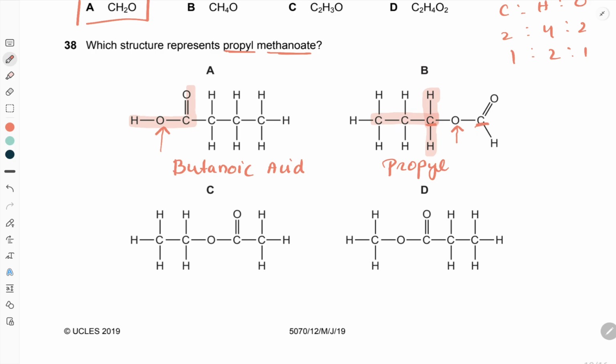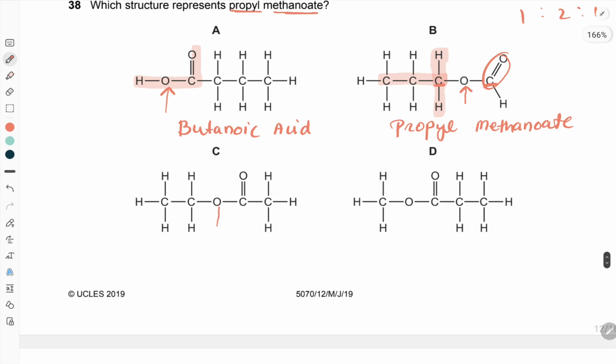And on the right side we have only 1 carbon, so it will be methanoate, right? Option number C, this oxygen is your reference. On both sides of oxygen you have carbon. Naming from that side where carbon has hydrogen, we have 2 carbons, which means it would be ethyl. On the other side again we have 2 carbons, we have ethanoate, right?